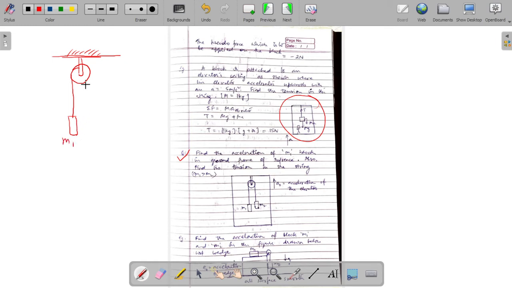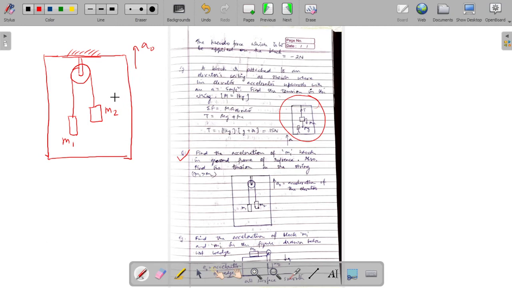So there is a block of mass m1, there is another block of mass m2, and this whole system is assembled inside a lift, and that lift is going up with an acceleration a naught.